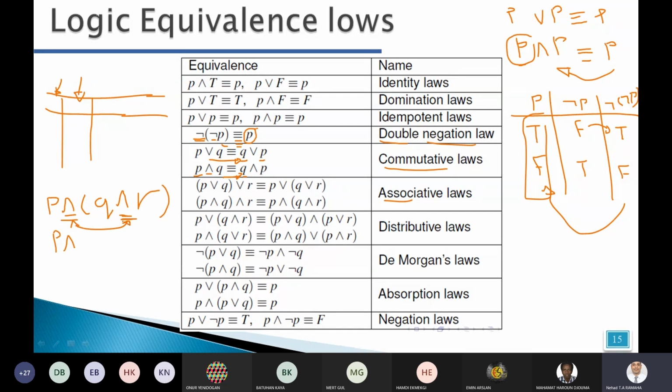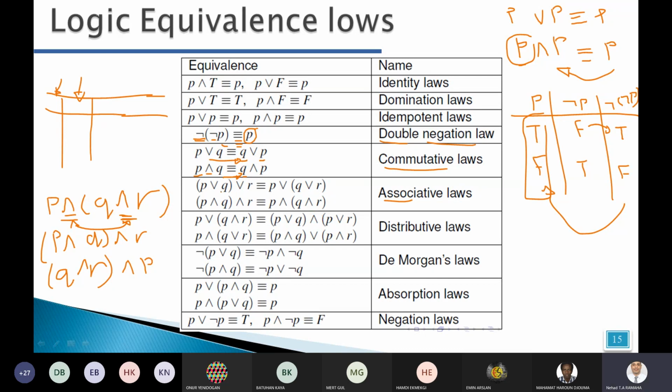If different, it becomes the distributive law. Here it's the associative law. P and Q, you can take it, then you make and R, or you can take Q and R, then and P. You can take any two propositions first, then make the other operations. Then this is the associative law.